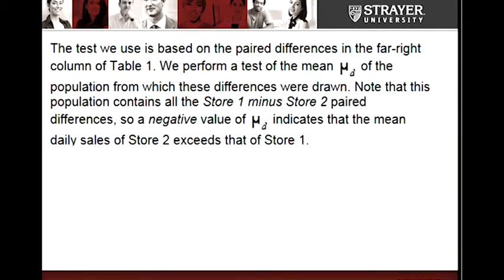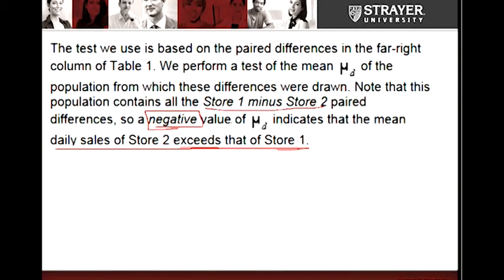So if you notice, if the daily sales of store 2 exceeds that of store 1, then store 1 minus store 2 is going to be a negative value of the mean differences. So if 2 is higher than 1, a smaller number minus a larger number will be negative.